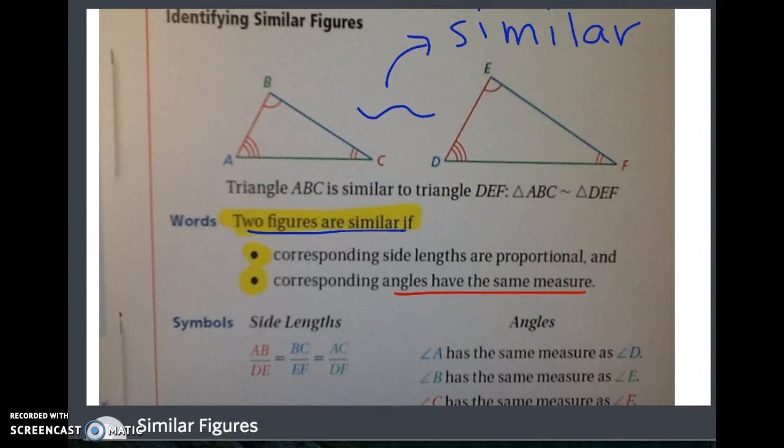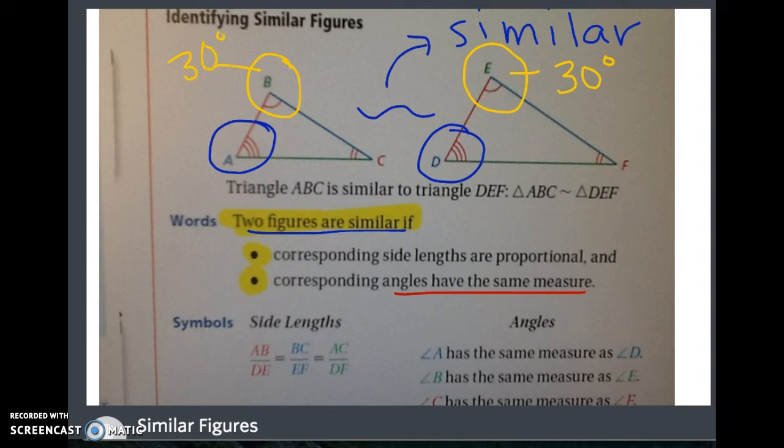So that means the angles that match up, like angle A corresponds to angle D, are going to have the same measure. Same thing with angle B and angle E. Those are corresponding angles. They're going to have the same angle measure.